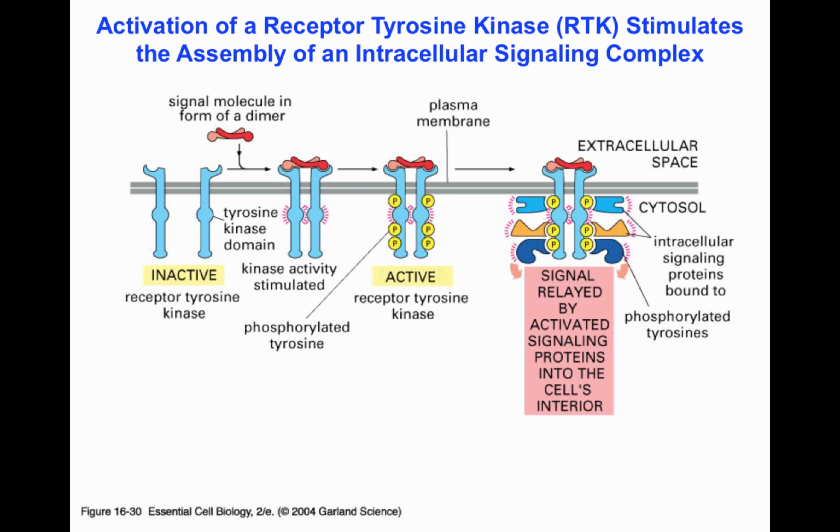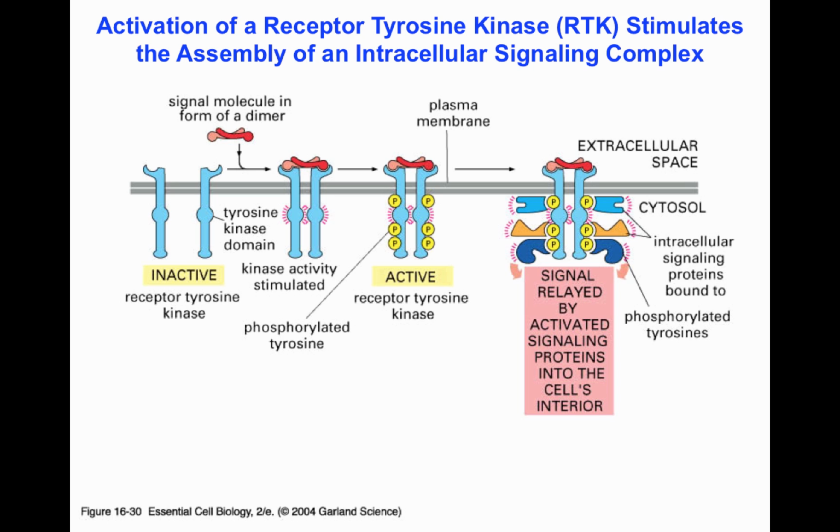That activation is going to now allow for the recruitment of proteins that can recognize a phosphotyrosine, meaning a tyrosine amino acid with a phosphate attached to it. And we call those the adaptor proteins. Now, in this particular image, you have the recruitment of 3 different adaptor proteins, one that is light blue, one that is cream color, and one that is dark blue.